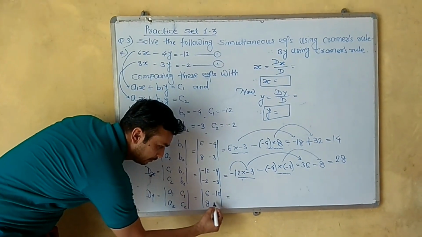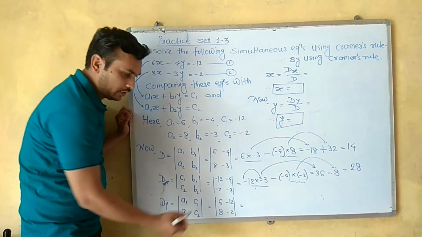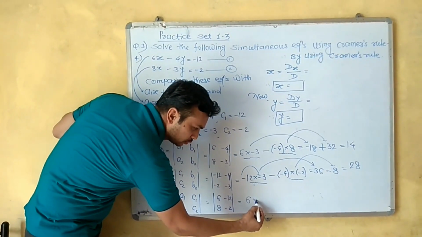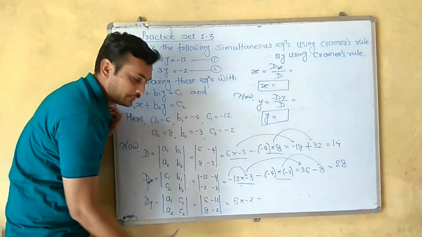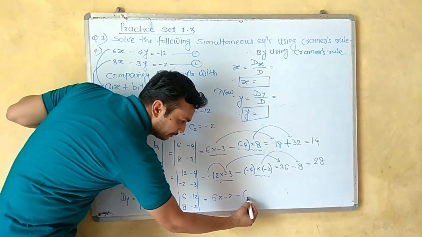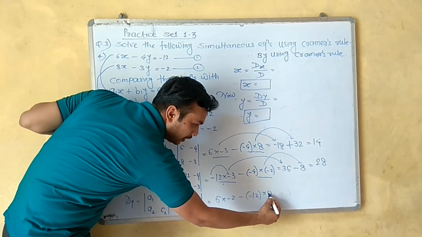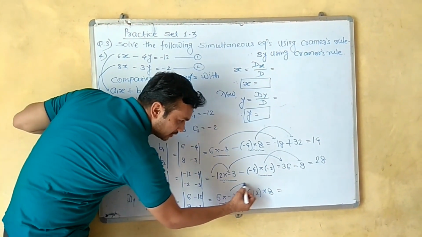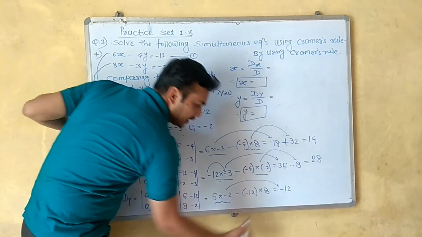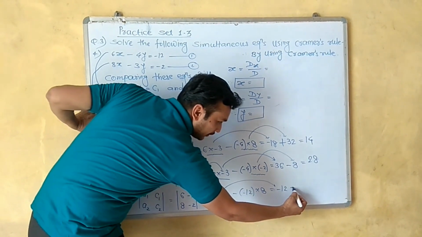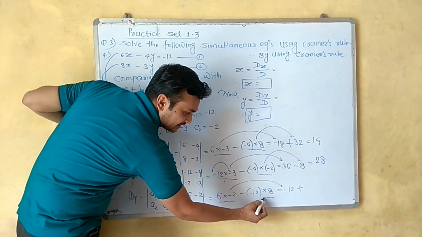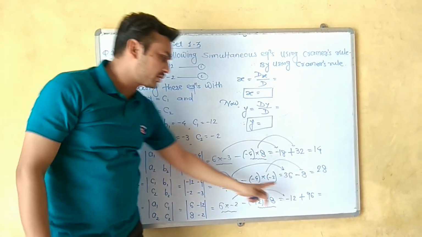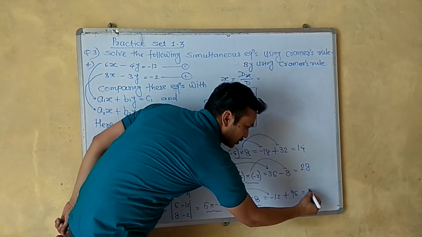Now again the same method by cross multiplication. 6 into minus 2 minus minus 12 into 8. 6 into minus 2 that is equals to minus 12. Minus into minus plus, 12 8s are 96. So minus 12 plus 96 is 84.